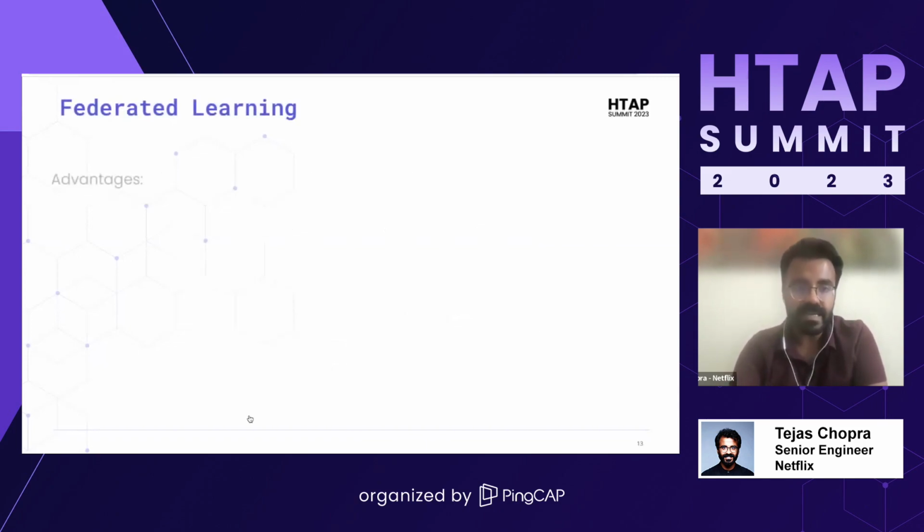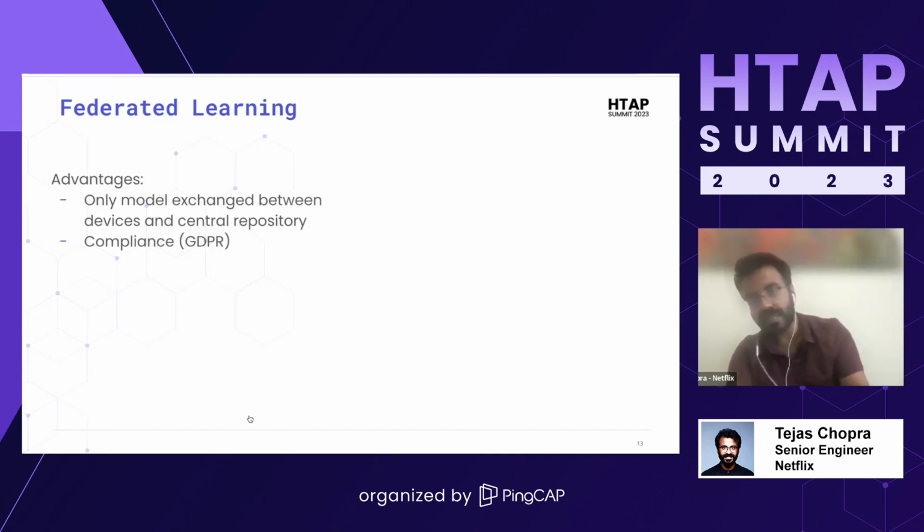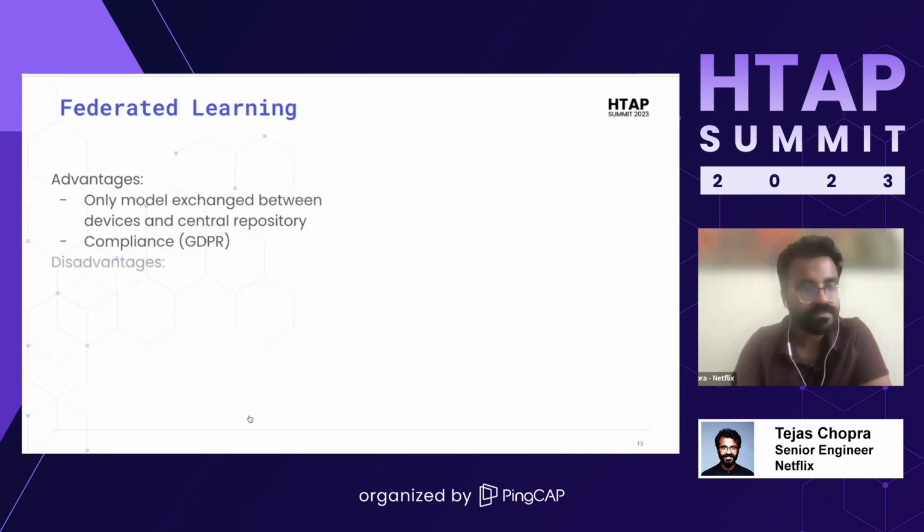There are several advantages to federated learning. Only the model gets exchanged between devices and the central repository. You are inherently more compliant. When you think about GDPR and other compliance requirements that do not allow you to fetch the data and take the data out to other continents, federated learning gives you an opportunity to instead bring your compute to these devices.